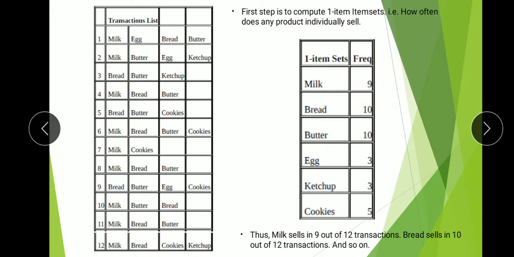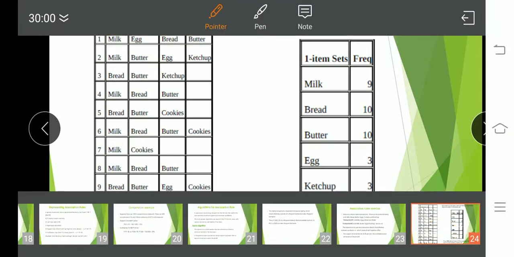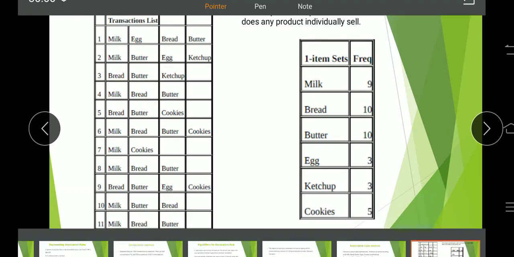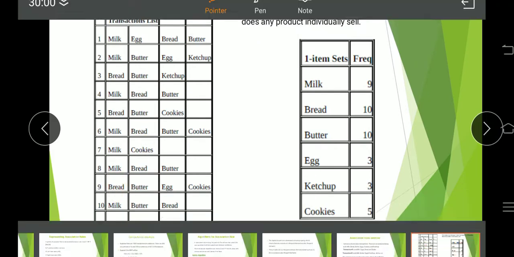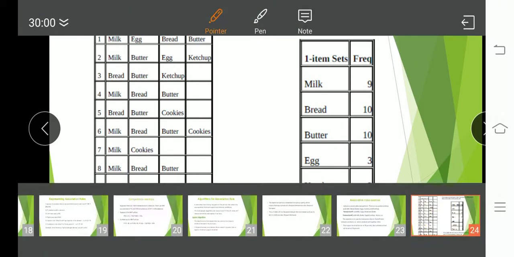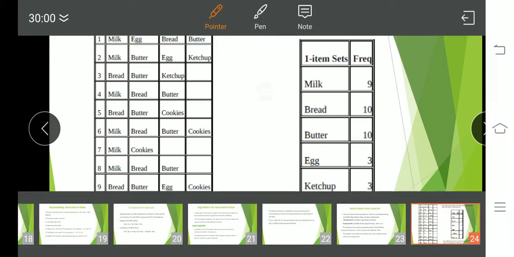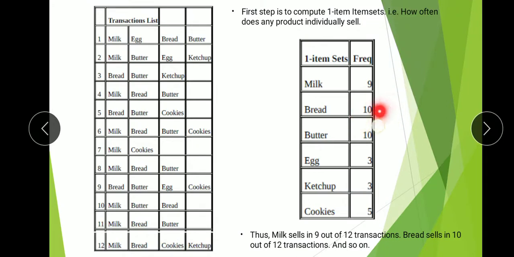Like that we have to find for bread also. How many times is bread sold? Bread: 1, 2, 3, 4, 5, 6, 7, 8, 9 and 10. So out of 12, 10 times bread is sold.